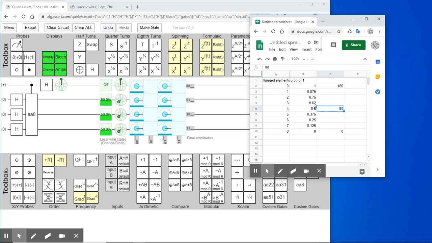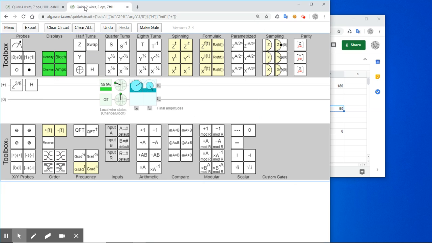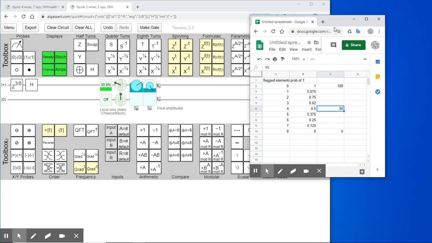That's 90 degrees. So my question is, this is not entirely on the y-axis. It also has a bit of a z-axis component. Oh, theta is 67%. Whatever that means.